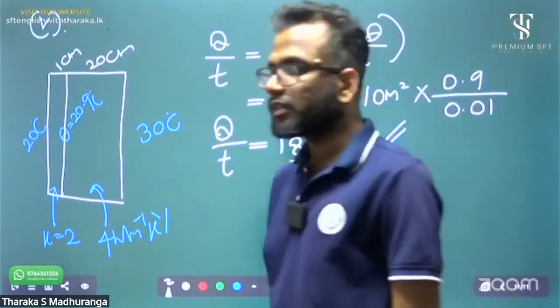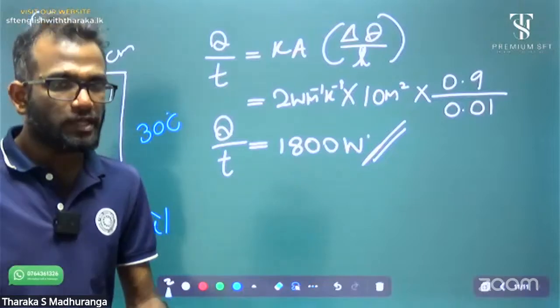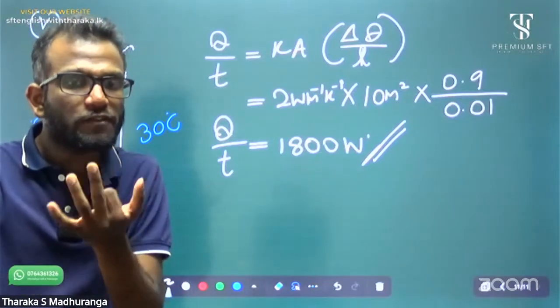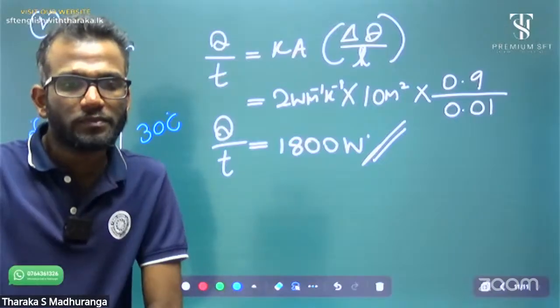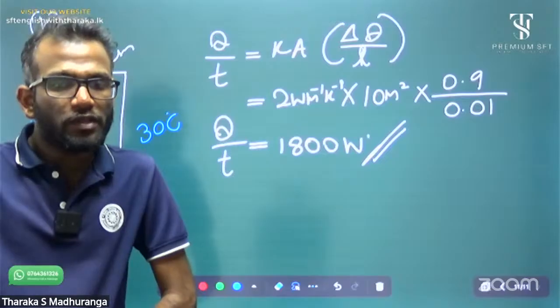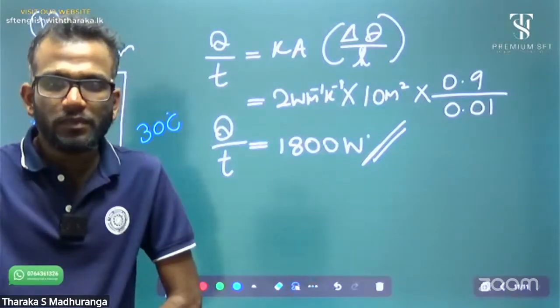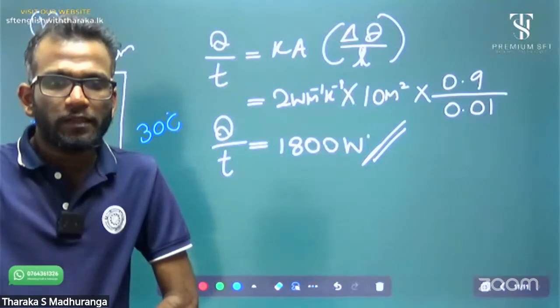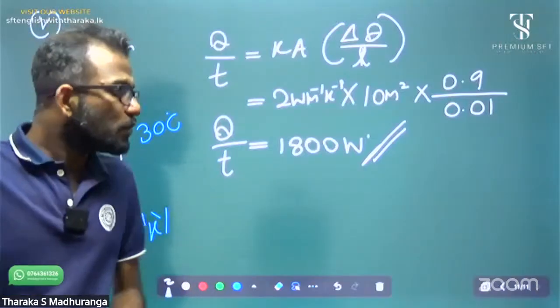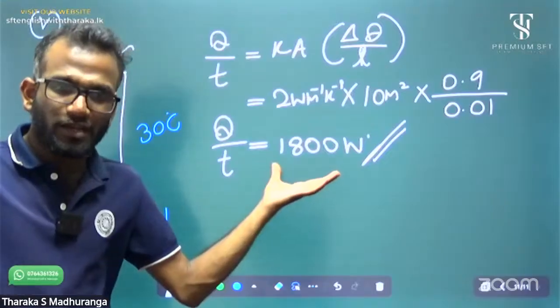Sarmia, without the wooden wall, what is the thermal conduction rate? That was 2000, right? That was 2000. Now it is only 1800.